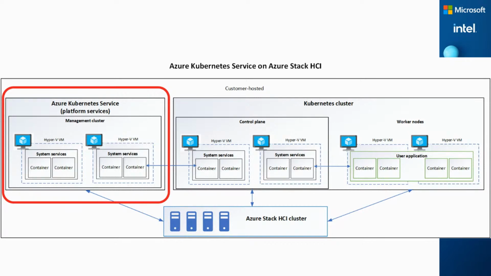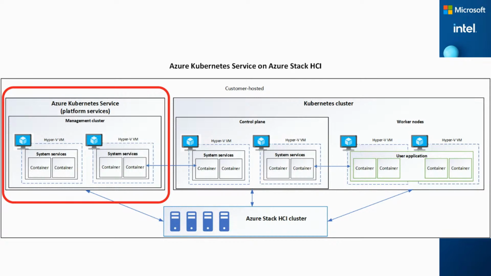An AKS cluster itself can be provided on Azure Stack HCI, so it runs on premises, but it brings the full Azure capabilities. And important is here to understand, we have a management cluster, we have the control plane and the worker nodes.